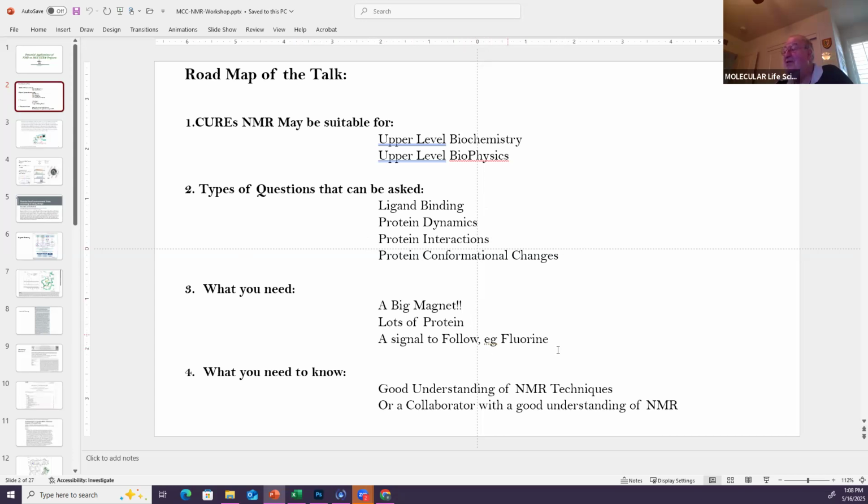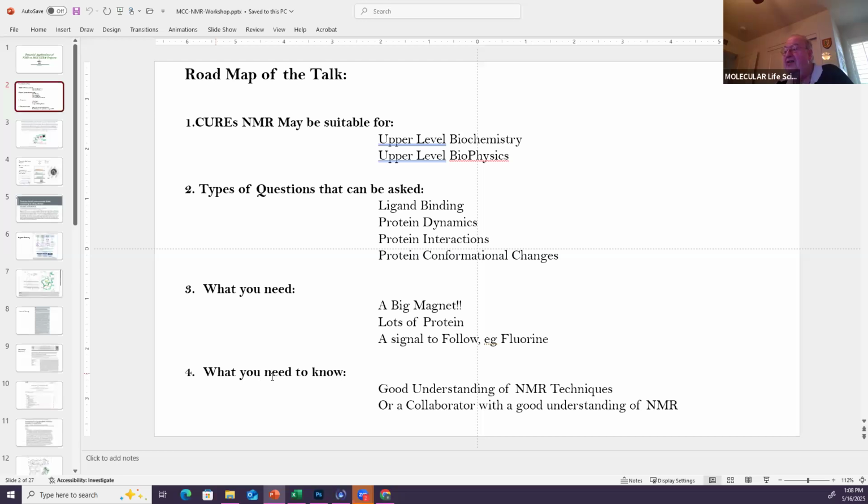I'm just going to use fluorine as a signal to follow because it's one that you can specifically add into a protein or a ligand, and it sometimes makes things a bit easier to interpret. But you can do almost any of the techniques I'm going to talk about with just regular proton or carbon, or typical 2 and 3D NMR techniques.